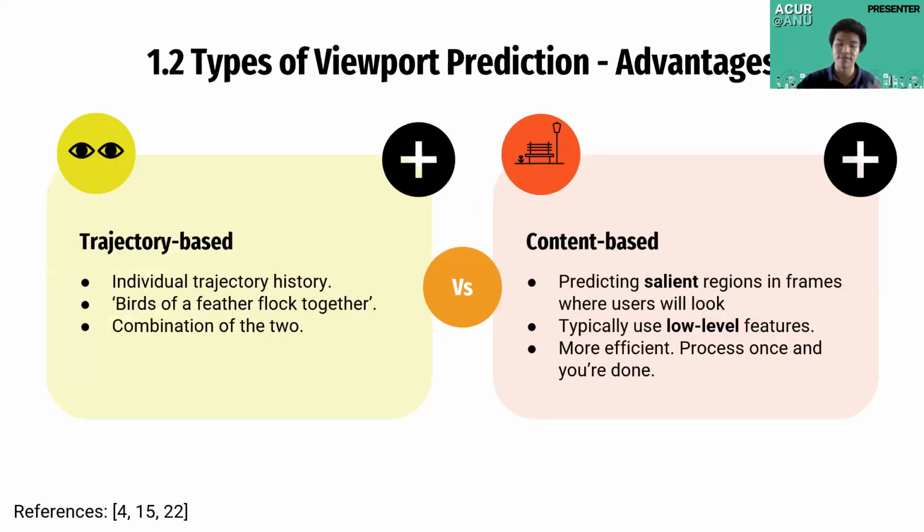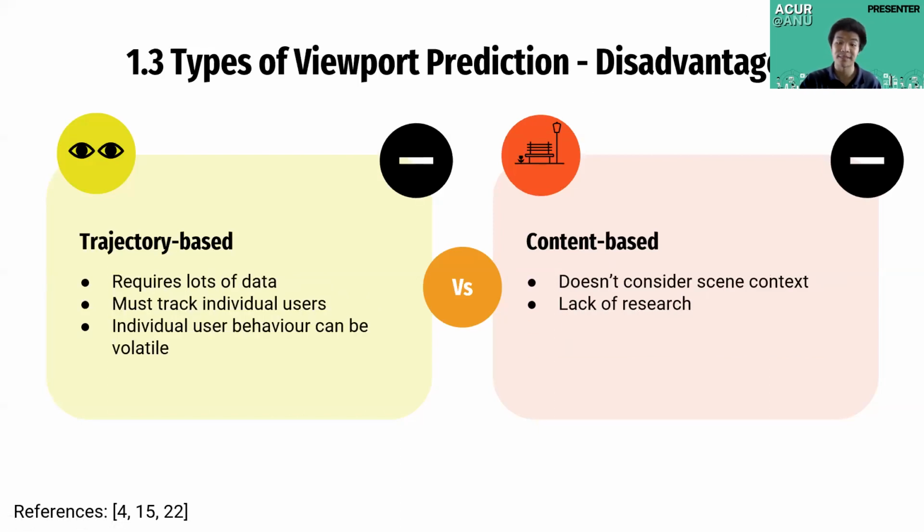And then it talks, very briefly, about the two types of viewport prediction: trajectory-based prediction and content-based prediction. I talked about their advantages, and then some of the disadvantages. My current approach is content-based prediction. Current research around the area doesn't consider scene context.